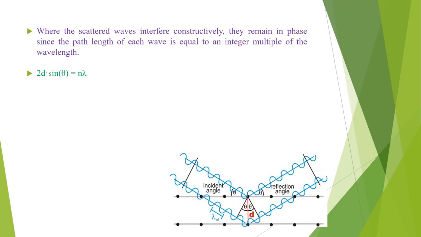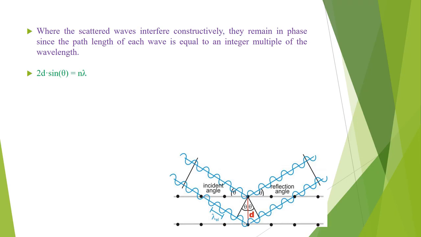That means the second wave can travel a distance equal to one wavelength, two wavelengths or three wavelengths depending on the spacing between the two layers.